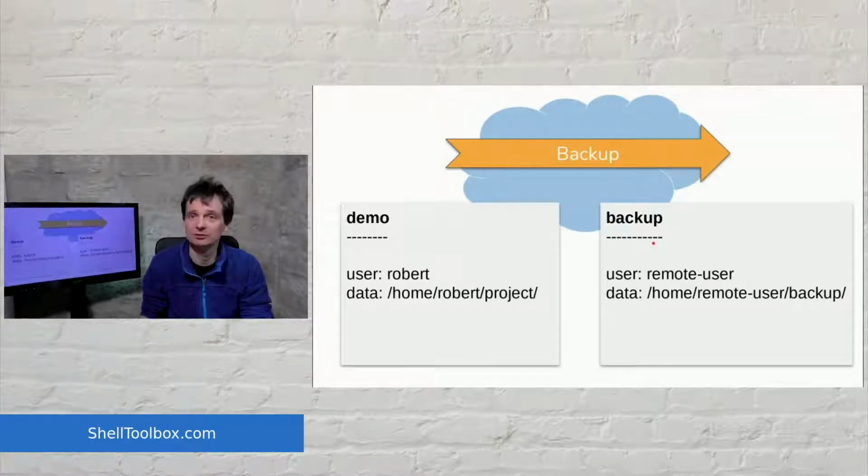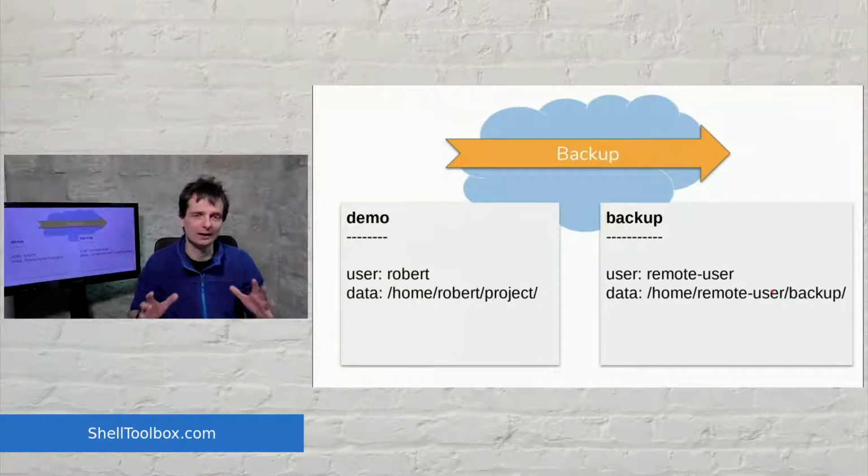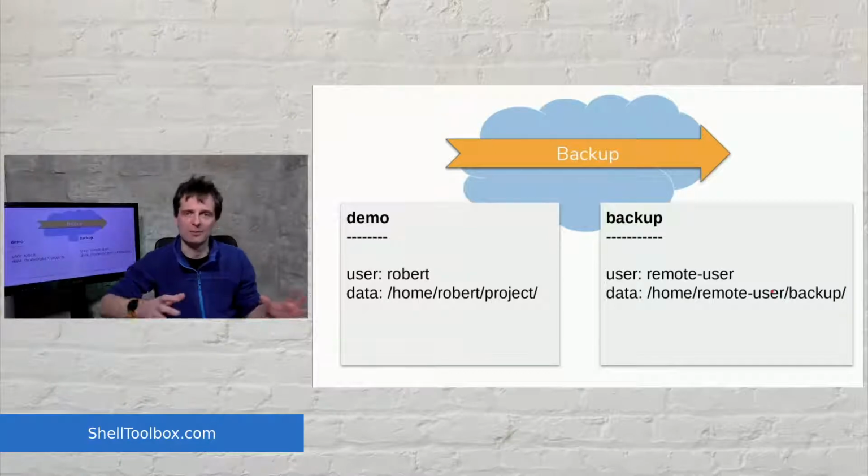I have named the right system the backup server, and I have a remote user there. I can log in as the user remote user, and I want to synchronize my data to the home directory of the remote user, within the directory backup. So this is the way I want to set up a backup here.